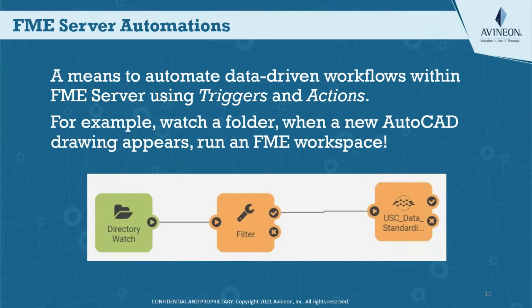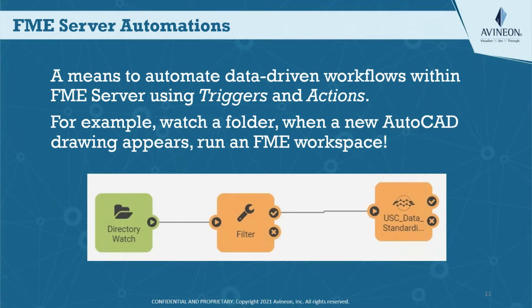And what it's going to do is run it through a filter, because it's only concerned with AutoCAD files. So it's not concerned if you dump a new metadata file in XML format or a README file that's in ASCII text format or something like that. It's only concerned with AutoCAD drawings.